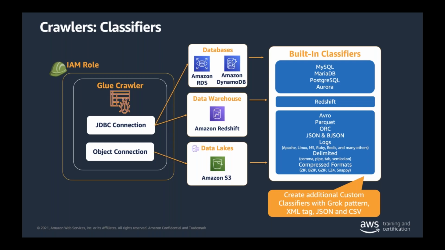So basically, when data does not fit a native classification, you can define your own custom classifiers using something called grok patterns, or also XML tags, JSON paths, or CSV. By design, a classifier reads the data in a data store. If it recognizes the format of the data, it then generates a schema. So the logic goes kind of like this.